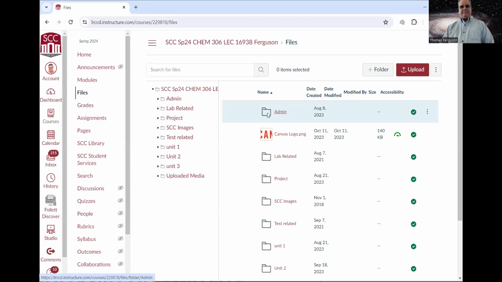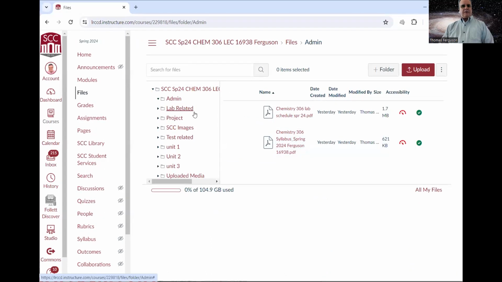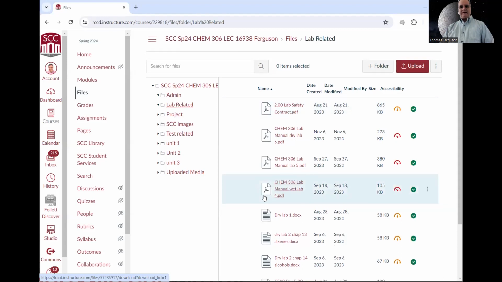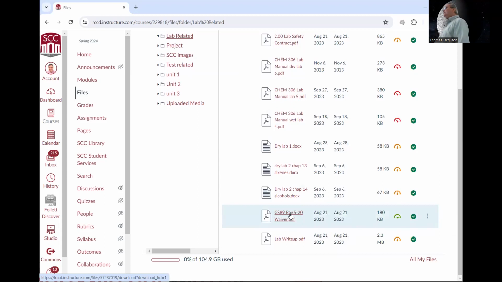You go to Admin, and you won't go to Lab, you go to Lab Related, sorry, and you'll see the lab safety contract, and then down towards the bottom is the waiver. So download those, sign them. You can do it totally electronically, but it needs to be a PDF file. Then you click on the assignment, and it'll prompt you for a file name. Then you upload it. The easiest 20 points you'll make all semester. Okay, so does that make sense?